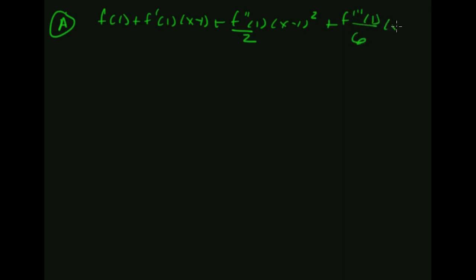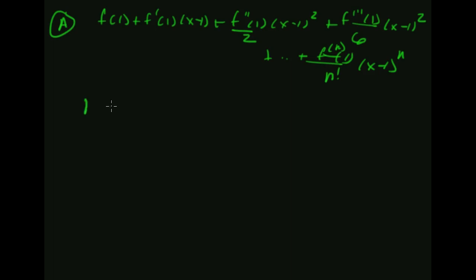So we're doing a Taylor polynomial about 1, so I need f of 1 plus f prime of 1 times x minus 1 plus f double prime of 1 times x minus 1 squared over 2 plus f triple prime of 1 over 6 times x minus 1 cubed plus, and then we need the general term, which is the nth derivative at 1 over n factorial times x minus 1 to the nth.